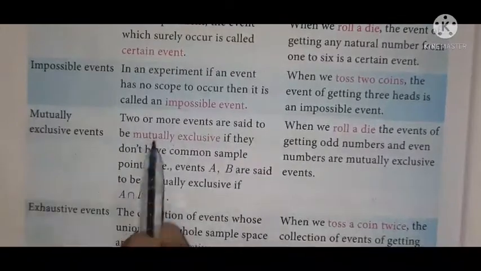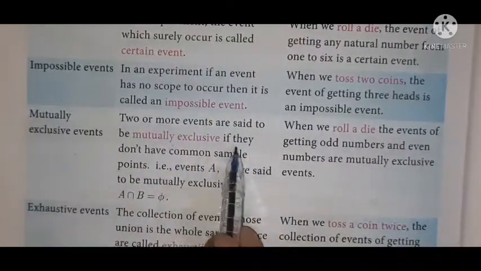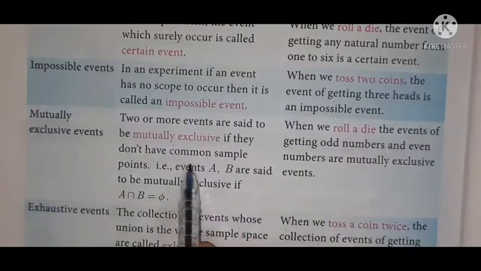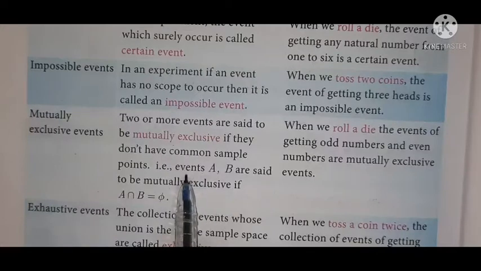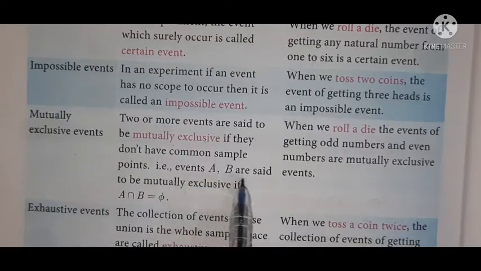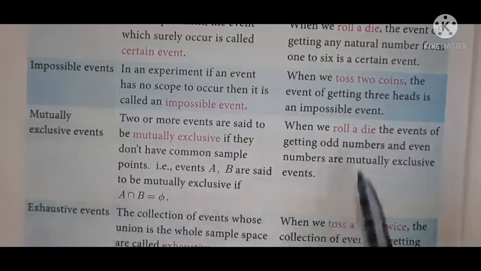Mutually exclusive events. 2 or more events are said to be mutually exclusive if they do not have common sample points. That is, events A and B are said to be mutually exclusive if A intersection B is null.